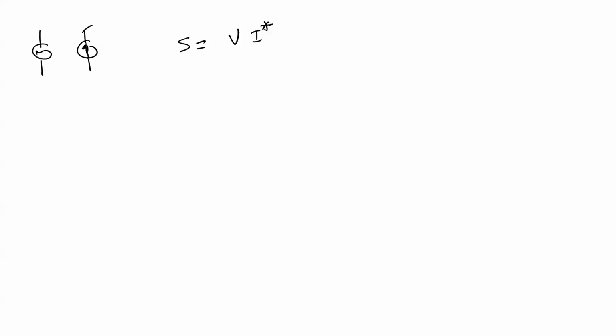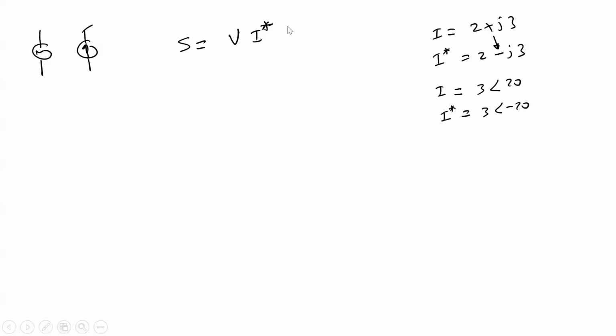Conjugate means, for example, if I equals 2 plus j3, then I asterisk should be equal to 2 minus j3. So the imaginary part, if it is positive, you make it negative, and if it is negative, you make it positive. And if it is an angle, so if I equals 3 with angle 20, the conjugate of I is going to be 3 with angle negative 20. Make sense? So here it has to be V I asterisk. And I explained how you can calculate the conjugate: you multiply the imaginary part by -1.